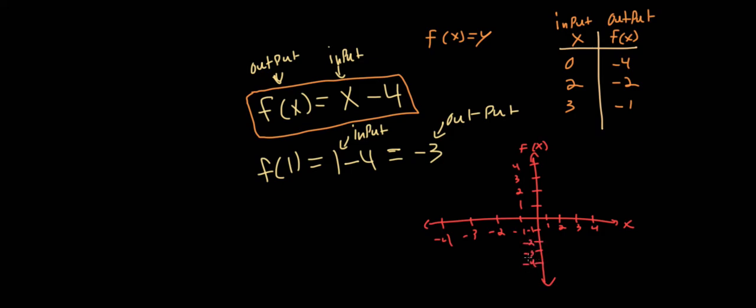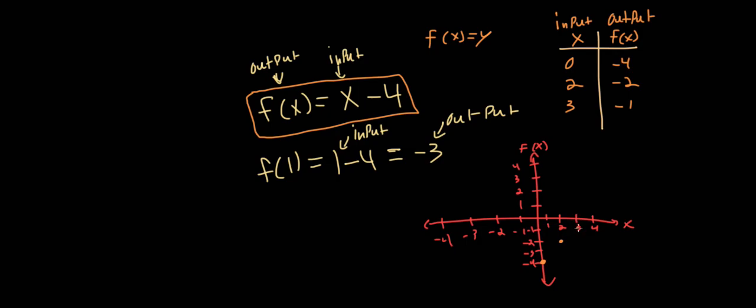Okay, so let's plot our first point. Our first point is 0, negative 4. So we have 0, and we go down 4. So right here. Our next point is 2, negative 2. So we go to the right 2, and we go down 2. So right here. And our last point is 3, negative 1. So we go to the right 3, so 1, 2, 3, and down 1.